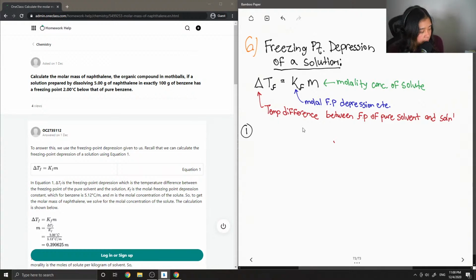Okay, so for step 1, I'm going to find the molality of the solute just by rearranging that first equation, since the temperature difference was given, and I can look up the Kf value.